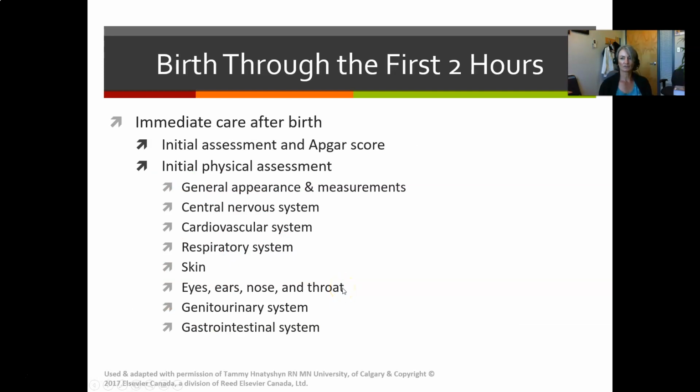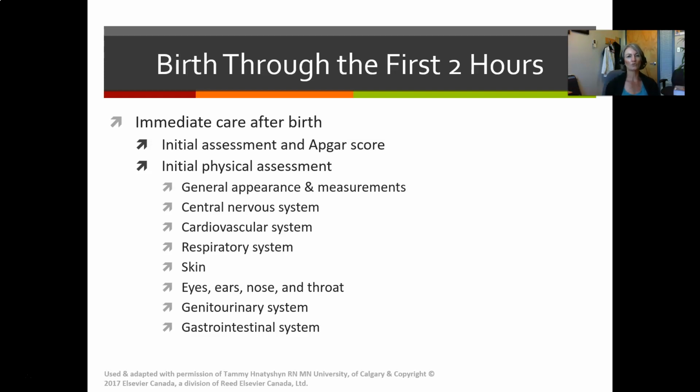So right after birth, you're in the labor and delivery room, that babe is born, and what are those first initial assessments you're going to be doing? Obviously we're going to do our APGAR scores. That's part of our initial assessment. We do that at 1 and 5 minutes of age, and then possibly at 10 minutes of age if we need to. We're really watching that heart rate and those vital signs.